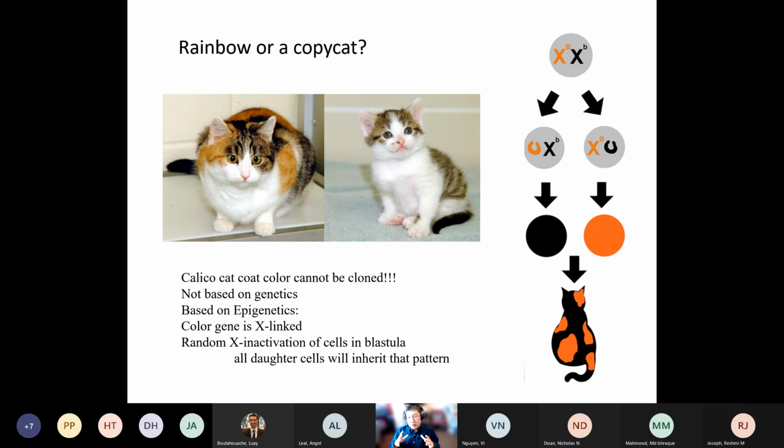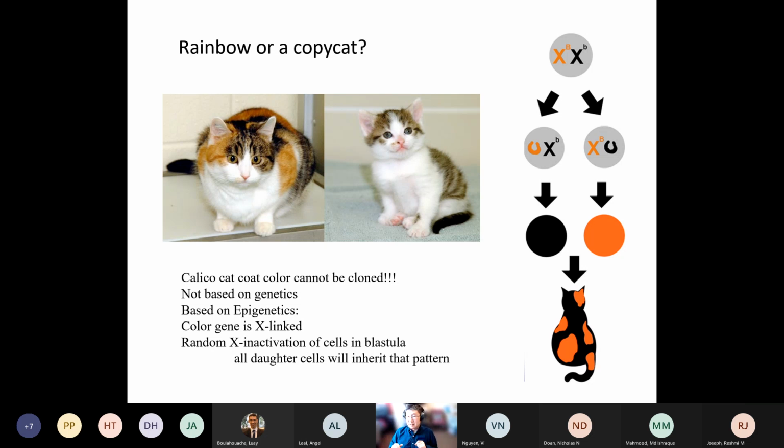Therefore, although females have two X chromosomes, during development one of them will be inactivated and become a so-called Barr body. Therefore, most of the genes on that particular chromosome will not get expressed. So it's a gene turn-off mechanism, so that male and female each only have one functional X chromosome. For the female, the other X chromosome is inactivated.